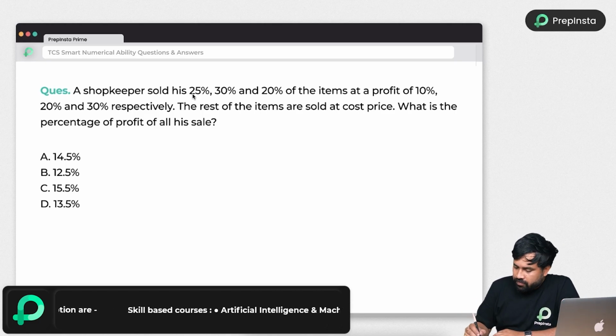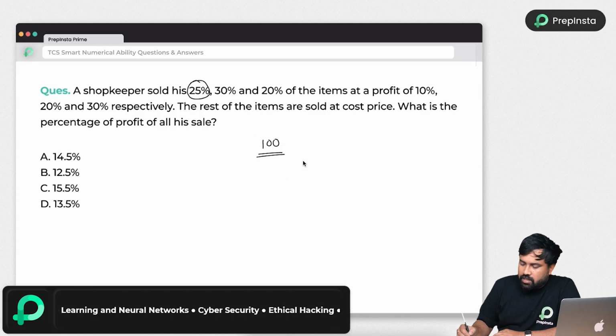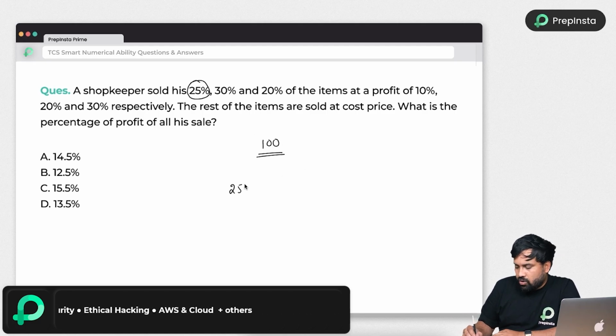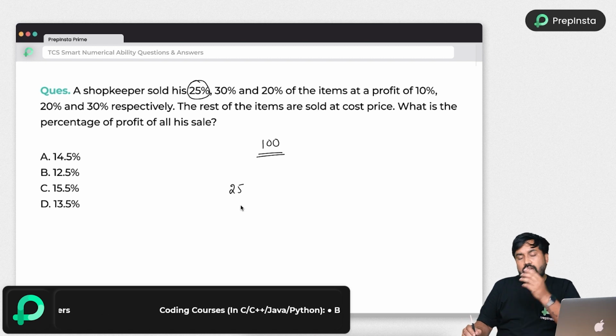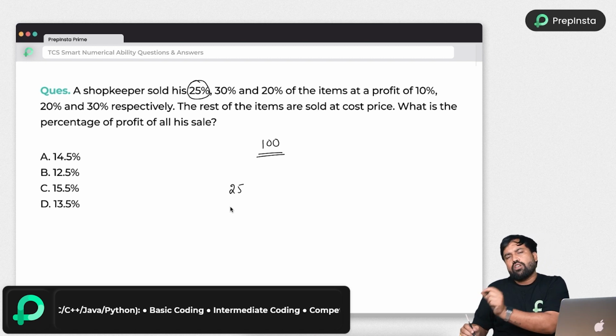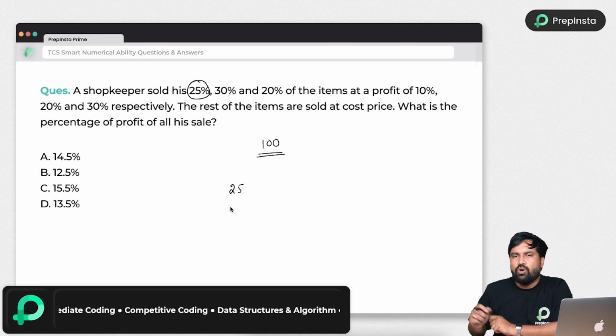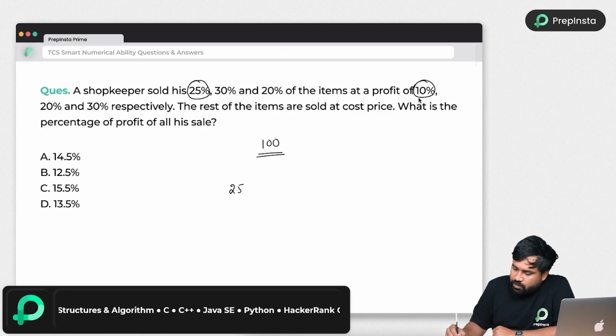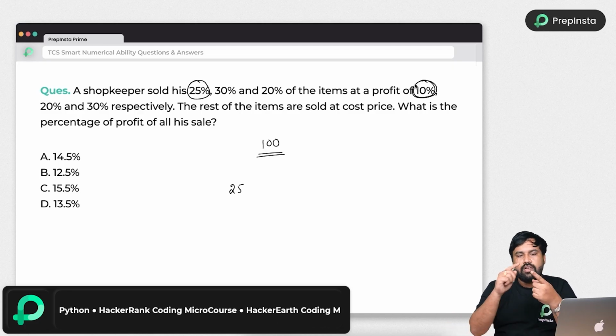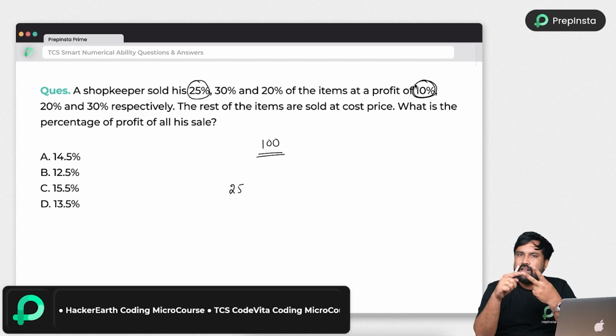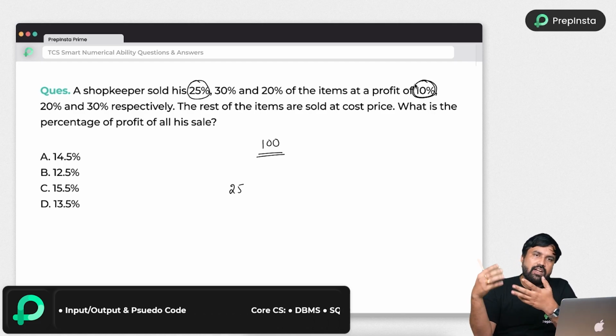See, for example, he has 100 items to sell. 25% of 100 is how much? 25 items only. And for these 25 items, each item costs, sorry, 1 rupee only, right? But he is getting 10% profit. It's very simple. If he is getting 10% on 25 items, he will get how much?